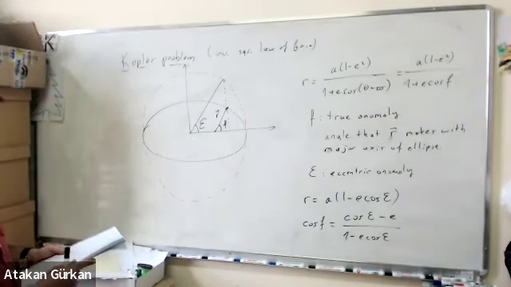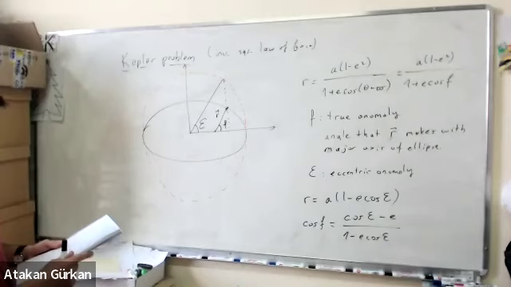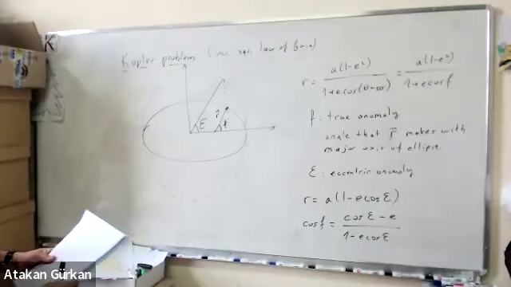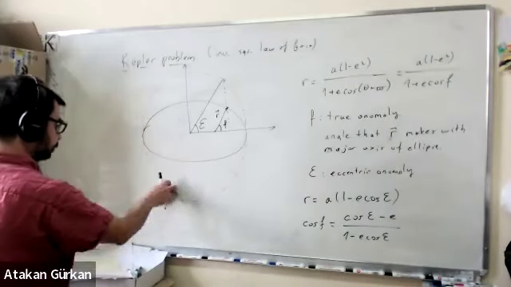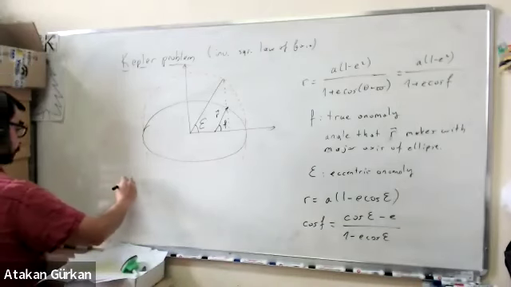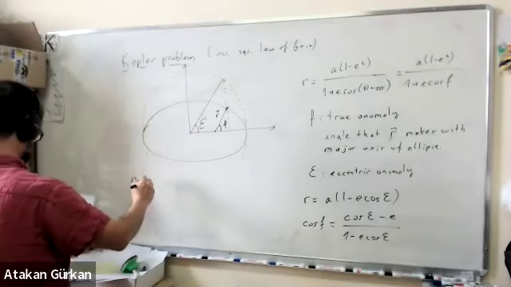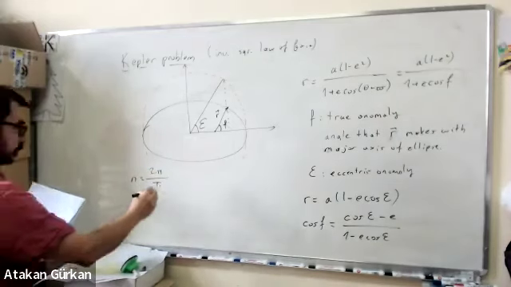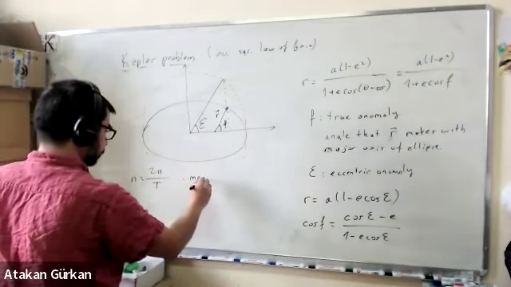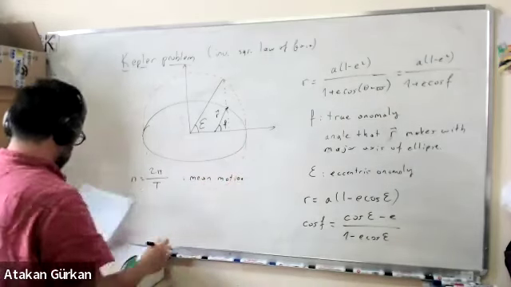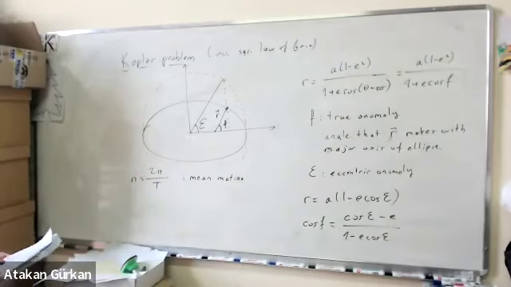Now, another anomaly that we're going to define is, first we need to define the mean motion. So n written as 2 pi over T is called mean motion. So this looks kind of like some angular velocity, right?